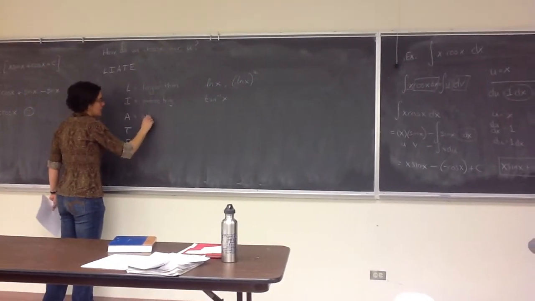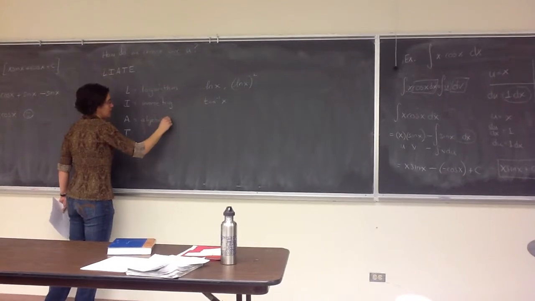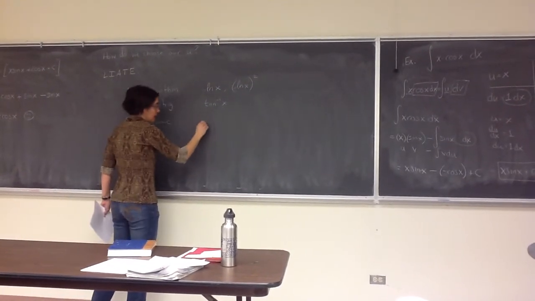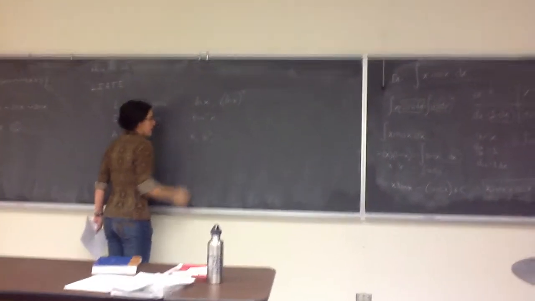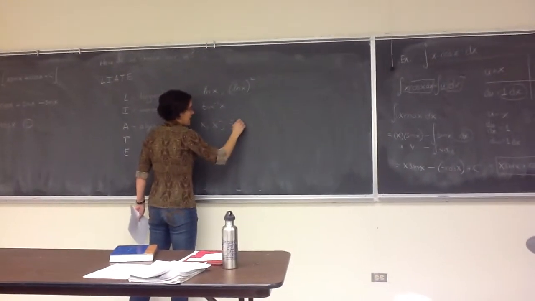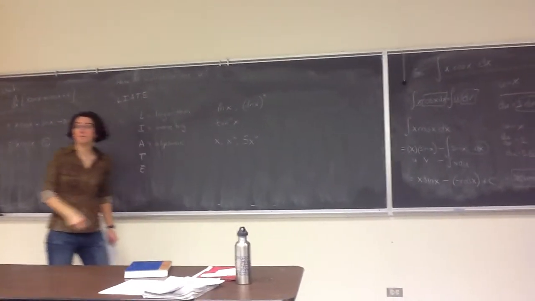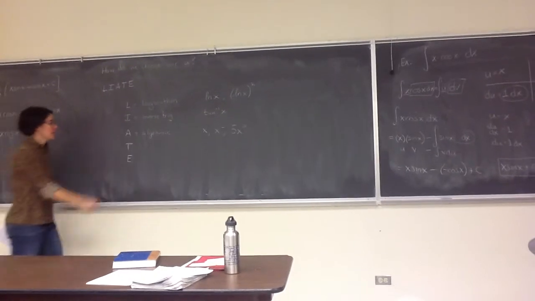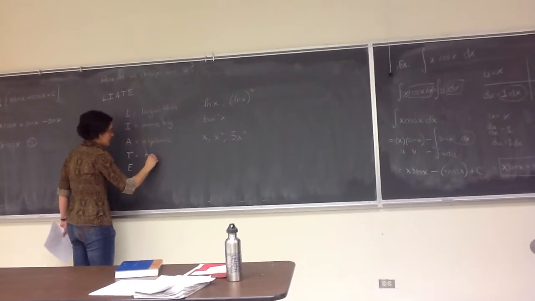A stands for algebraic, so something like x squared, 5x to the 10th, things like that. T stands for trigonometry.